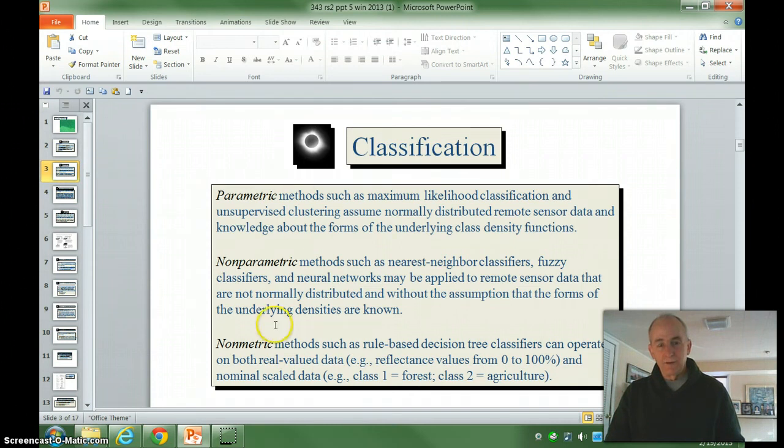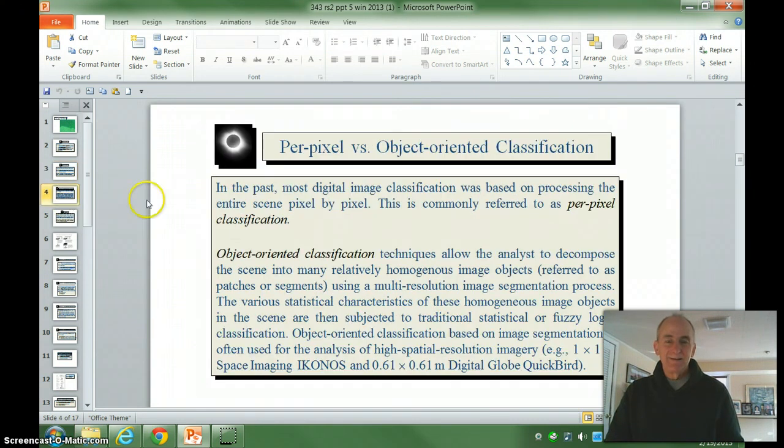And this is just a bit more on these three different categories, different types of classification here. So per pixel, the differentiation here is, in per pixel classification, we're really talking about hard classifiers like the kinds of classifiers that we've looked at in remote sensing 1, whereas object-oriented classification is more along the lines of unsupervised classification, where you go into the classification with a number of categories or an object, and you come out with a number.